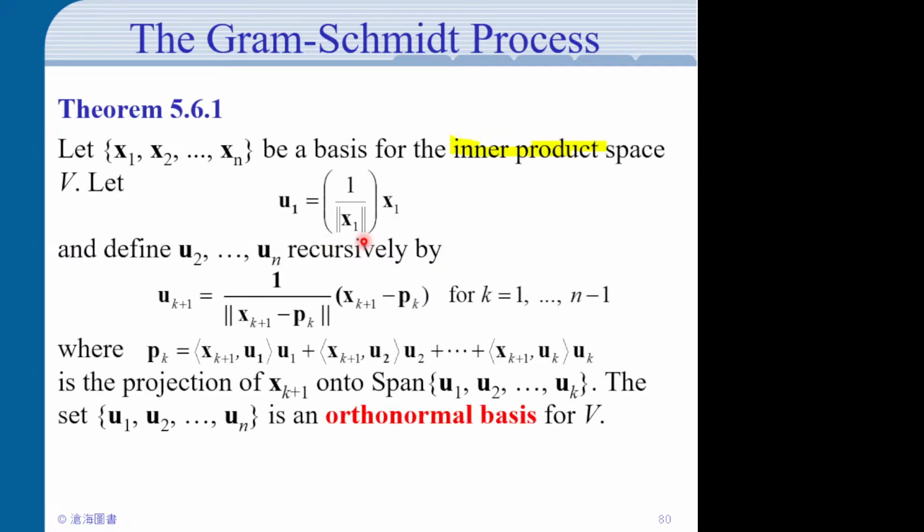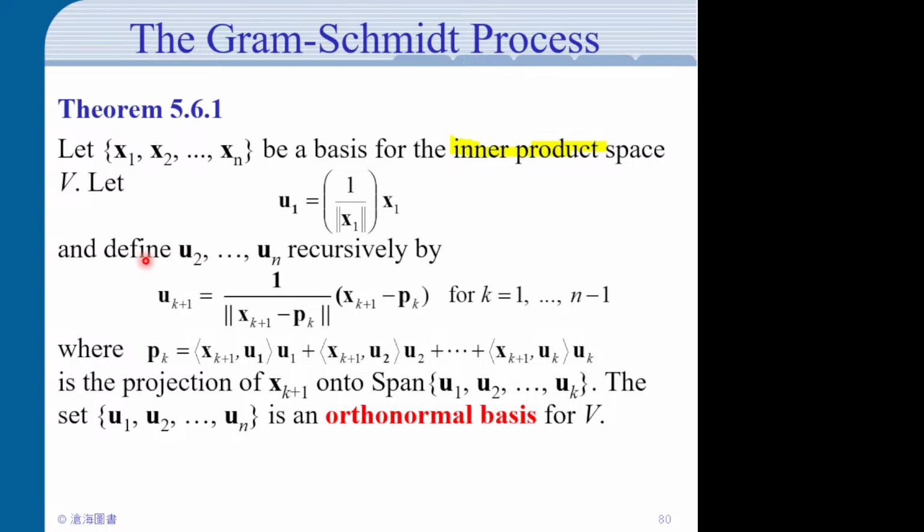Then you can still run the Gram-Schmidt process. What will happen is that when you run into something that's not linearly independent anymore, say x_{k+1} is not linearly independent of x1 to xk, then it's just equal to this projection, and that means you just take u_{k+1} as 0.